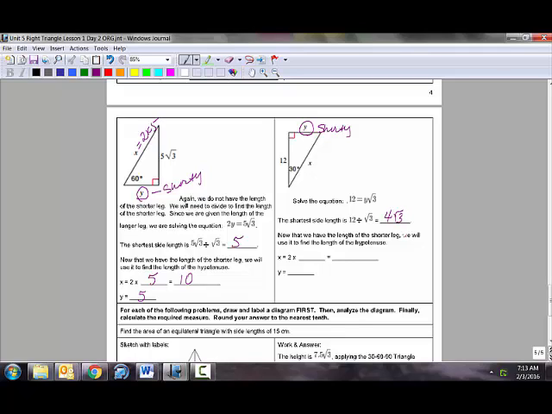Now to get the hypotenuse, we take double that to get 8 square root 3. Done that one before. This is approximately 13.9, and 4 square root 3 is 6.9.